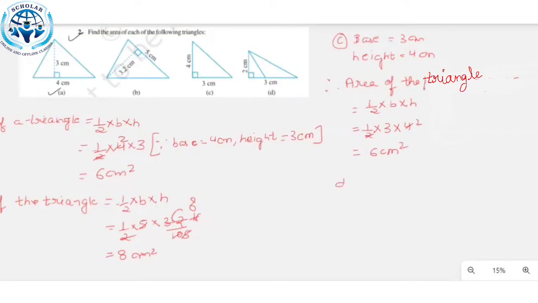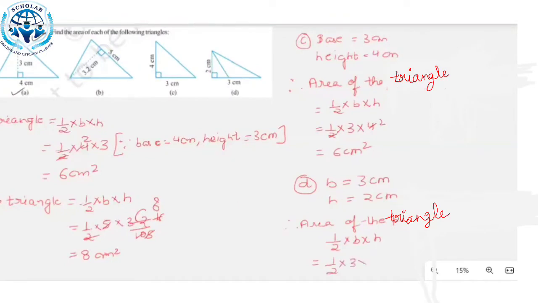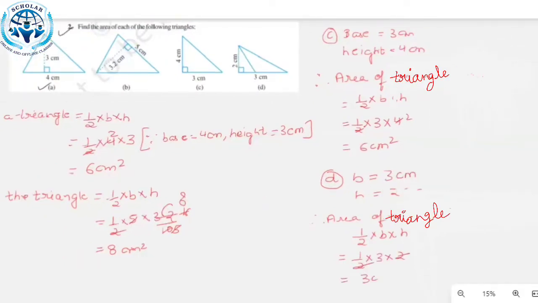Area is 6 centimeter square. Area is 3 centimeter square.